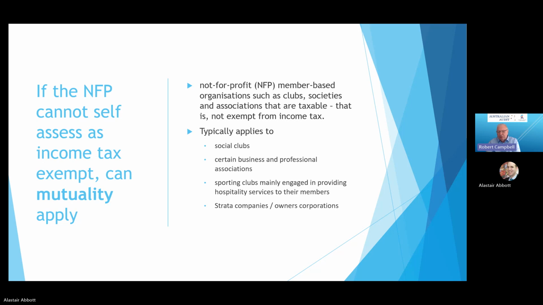Now, this applies to membership-based organisations, clubs, societies that are not exempt from income tax, but don't have to pay income tax on transactions with its own members. For example, this is social clubs, business and professional associations, sporting clubs mainly engaged in providing hospitality to their members, and strata companies and owner corporations. Let's move to the next slide, please, Al.